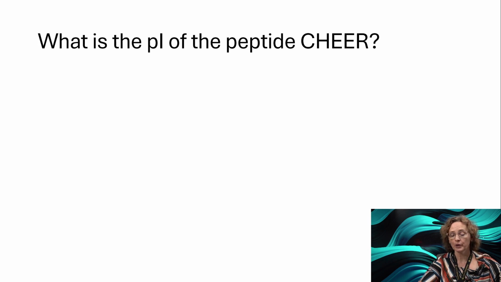In this problem, we are asked to determine the isoelectric point, or pI, of the peptide, and we are given the amino acid sequence of the peptide written in one-letter code.